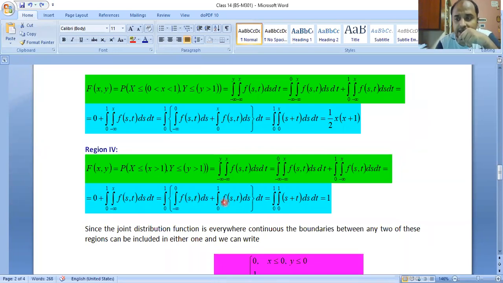Inner limit again is divided into two halves with respect to t or x. And ultimately we are going to calculate this as 1, because that has to be, because when x is greater than 1 and y is greater than 1, the distribution function, or cumulative distribution, is just like cumulative frequency. Try to recall, what did I say?